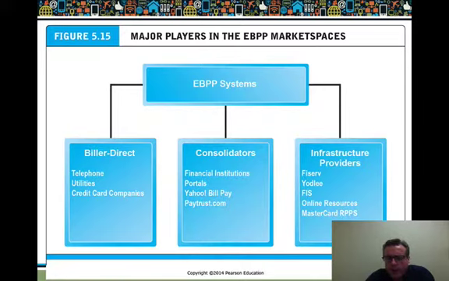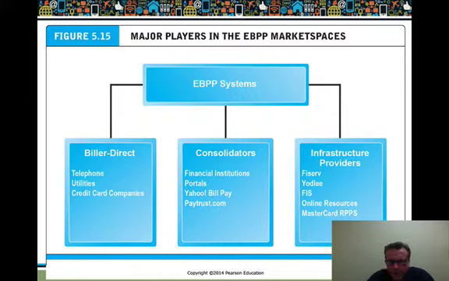The one that I like the best is the consolidators, where a financial institution like your credit card company, or a portal like Yahoo Bill Pay, will allow you to set up an account, put all of your bills in there, and have one place to go and one screen to go through bill after bill, and that's connected to your bank account, and payments are deducted directly.